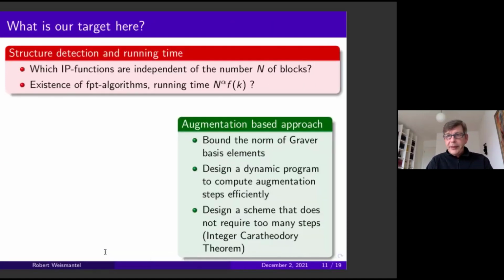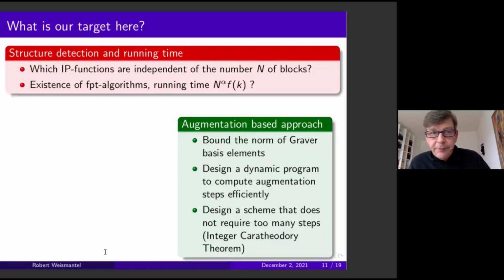So what is our target now? When it comes to these questions on studying sparsity. So in the context of huge dimensions, we would again like to see which IP functions are independent of the number n of blocks. And ideally, we want to have fast algorithms for solving them. And fast nowadays is FPT algorithms.